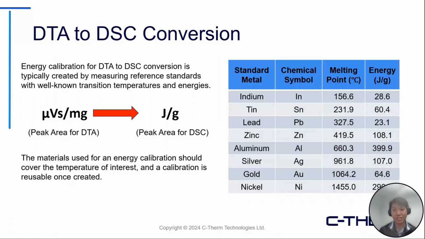And by measuring these known reference samples, multiple samples with such known properties, we can create an energy calibration, which allows us to quantify the peaks on the DTA curve, and we can then calculate the energy of reaction. Once this energy calibration is created over a temperature range, we can reuse it as we measure another set of samples in a similar temperature range.